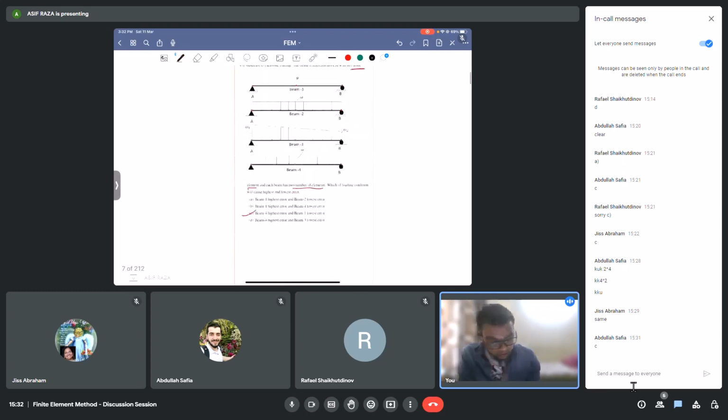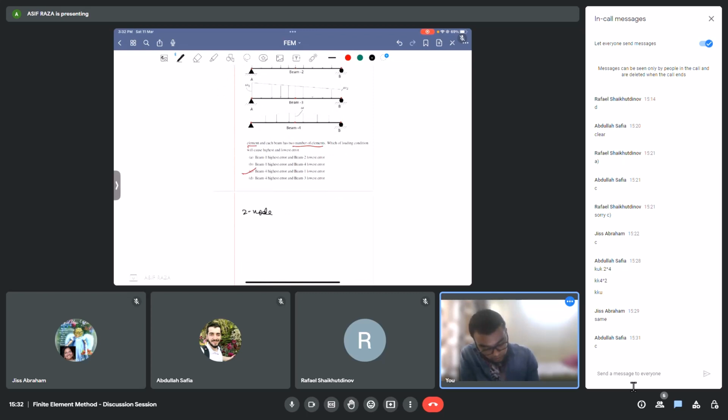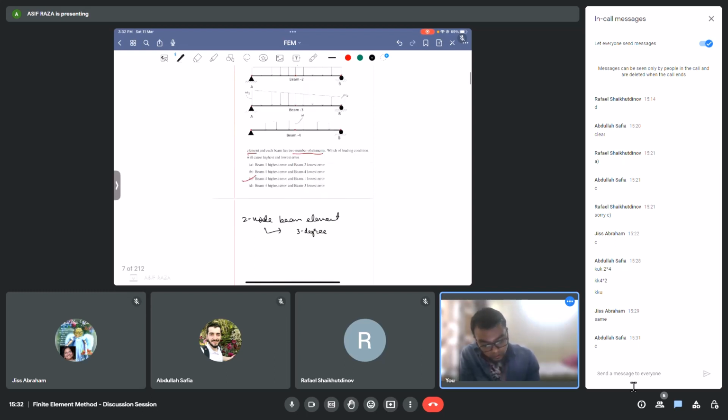In this question we take two node beam element, right? So this has an approximation of 3 degree, right?